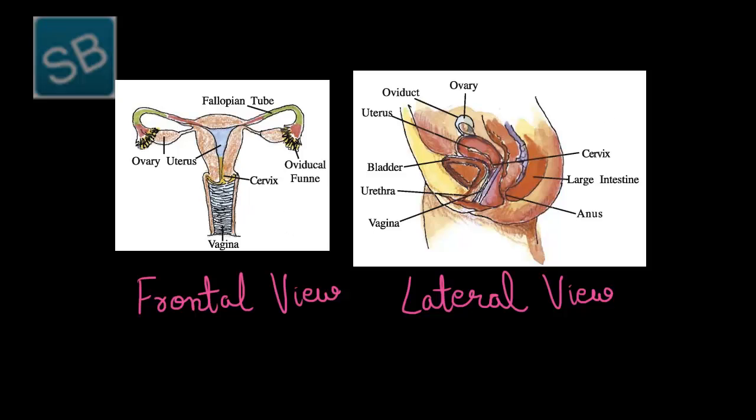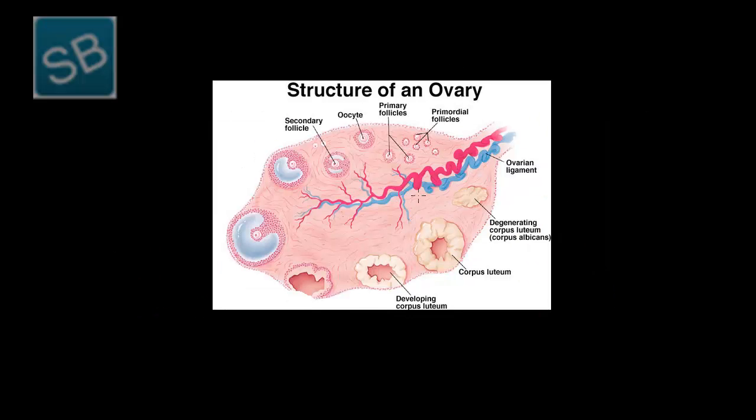Now let us study these parts in brief, beginning with the ovaries. This figure depicts the structure of an ovary. As said earlier, ovaries in females occur in pairs.